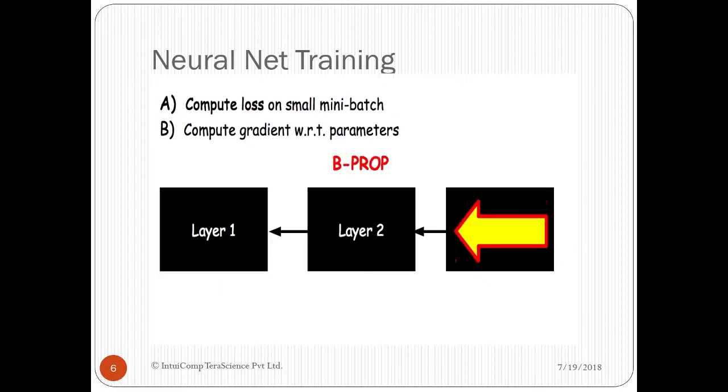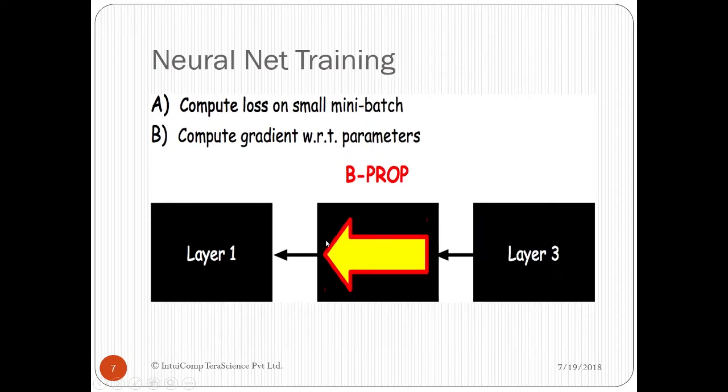Next, the loss computed during the forward pass is propagated backwards through the whole network. This is known as the back propagation of gradient. The computation of gradient is useful to update the initial random weights, as we calculated in the previous introductory video of CNN.